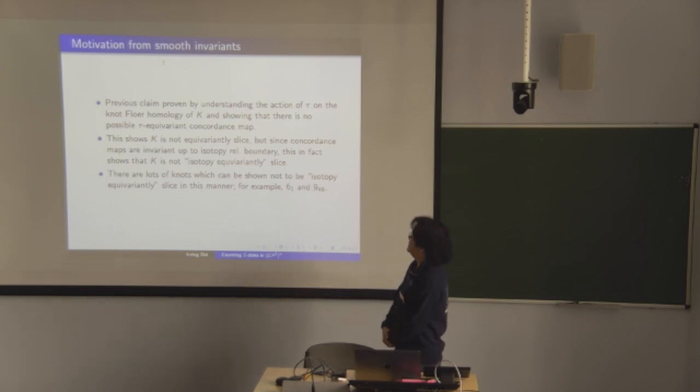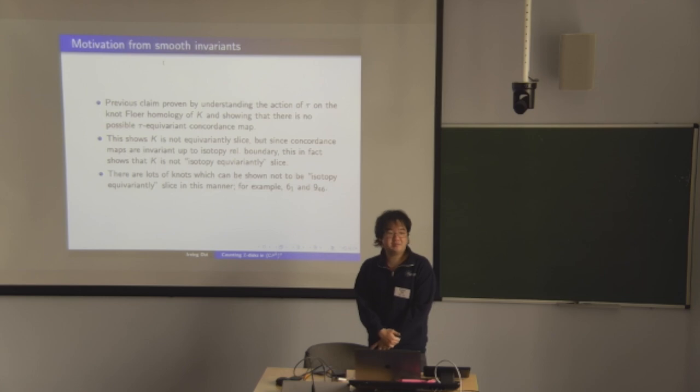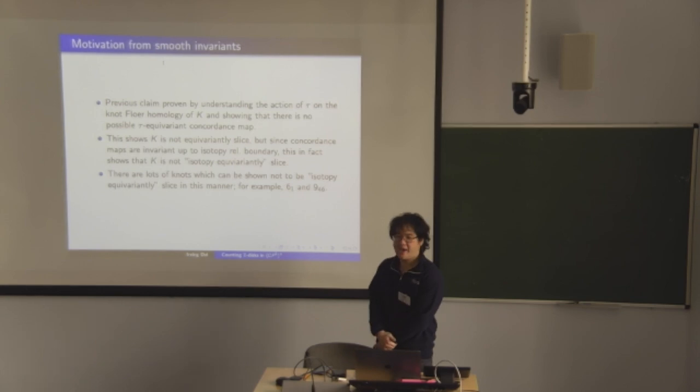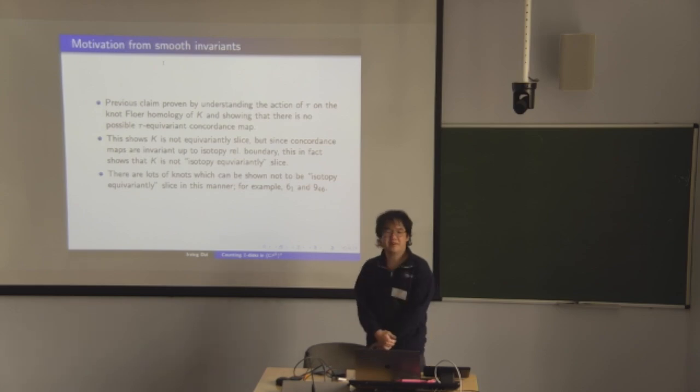And I also know that this map is equivariant with respect to the symmetry action. So if I calculate the symmetry action on the knot Floer homology of my knot, and I think very hard, and conclude that there's no possible equivariant map from the unknot to the knot Floer homology of my knot, then I conclude that my knot cannot have any equivariant slice disk.